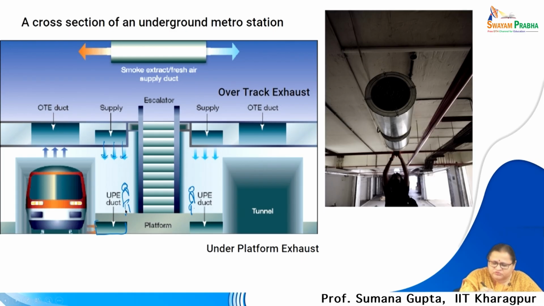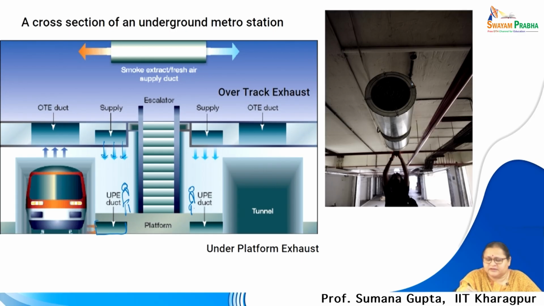So in this zone the people are getting fresh air from the top, and from this area the over track exhaust is being pulled up or sucked out. You can see this kind of installation on the top, and this is the actual picture of such an installation.